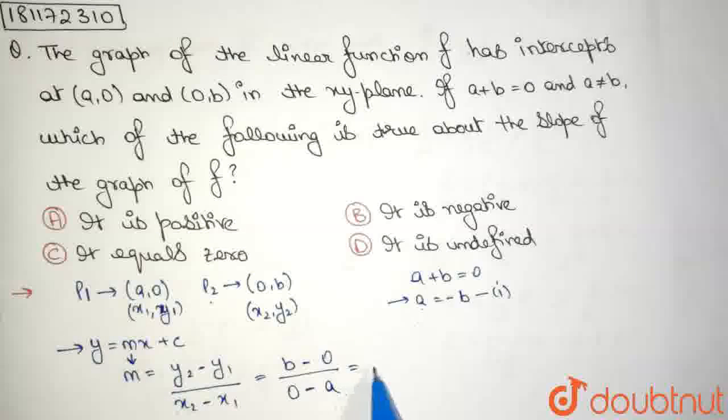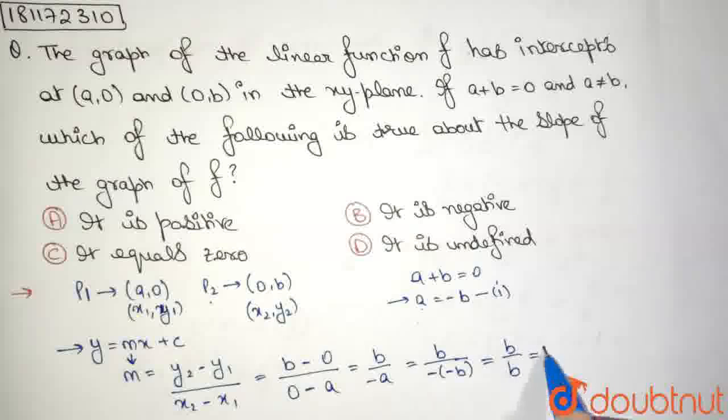So this can be written as b upon minus a. But here we have a is equal to minus b. So I can substitute this a as minus b in here, right? So this is equal to b upon minus of minus b. And this will become nothing but b upon b, which is equal to 1.